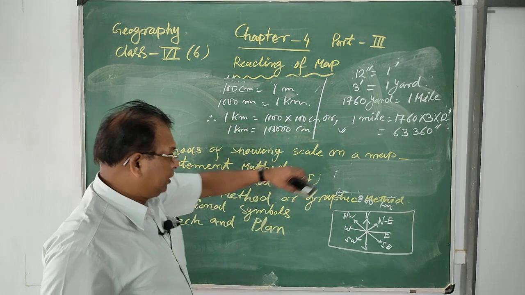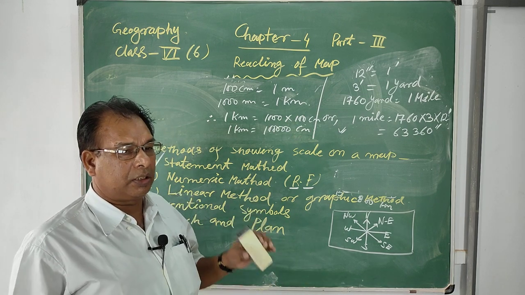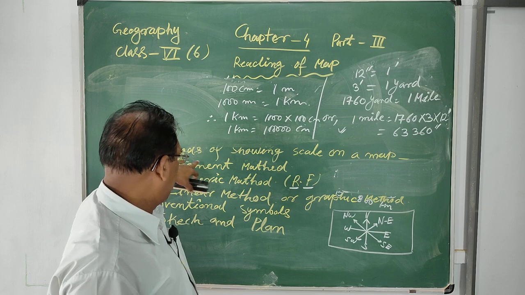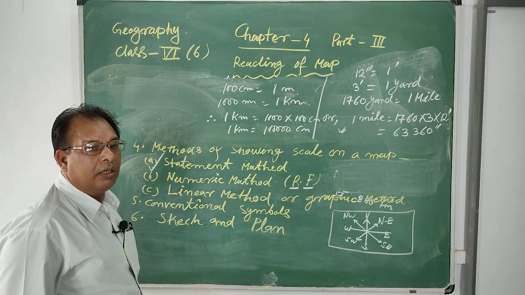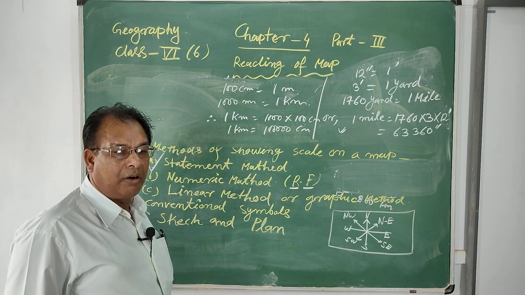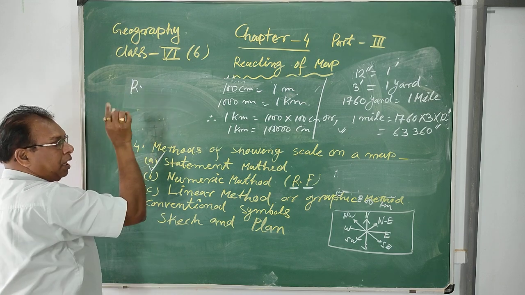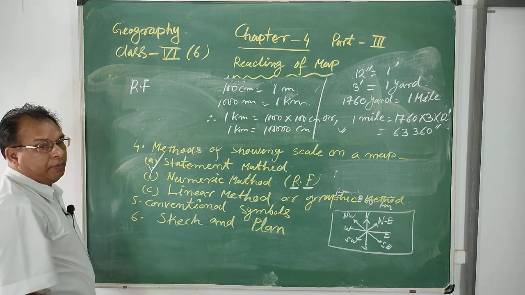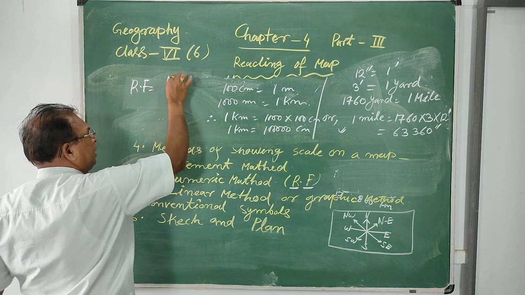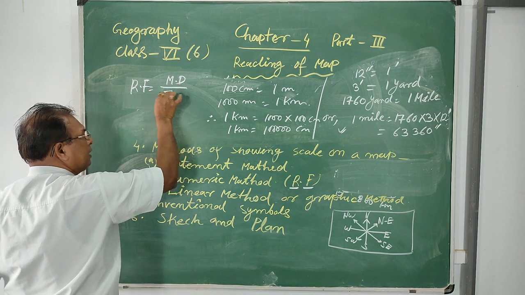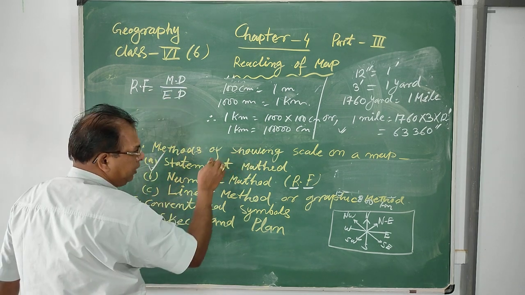In these numerical methods, you can make different types of scale. The formula is RF is equal to MD, map distance, by ED, earth distance.